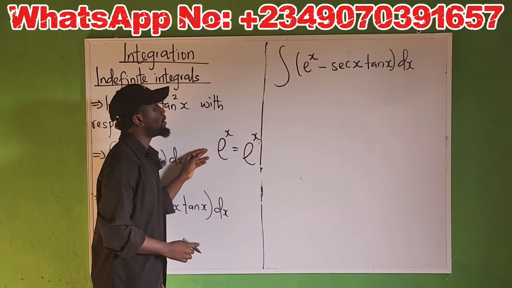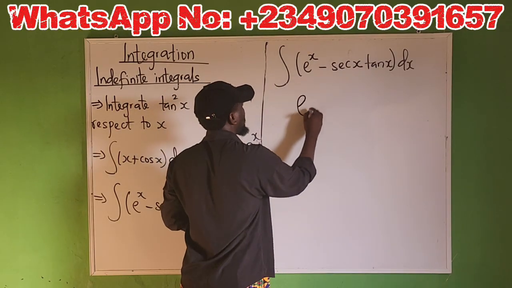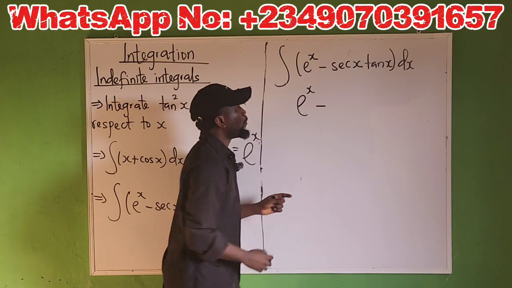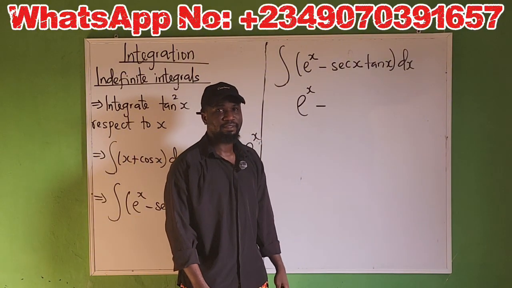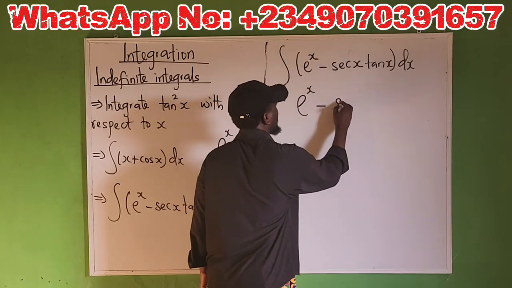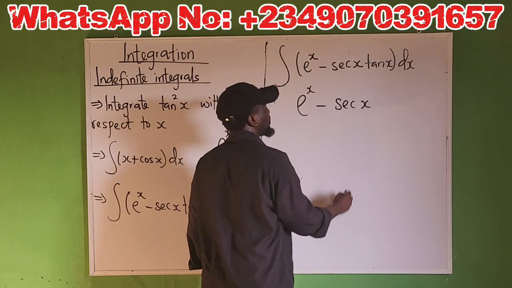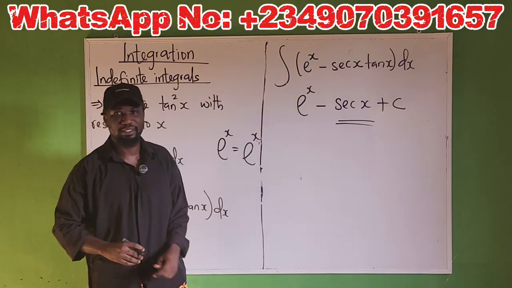Do you understand? All right, so the integral for this is exponential x. Then minus, what is the integral of sec x tan x? It is sec x. Then plus c. So this is the answer.